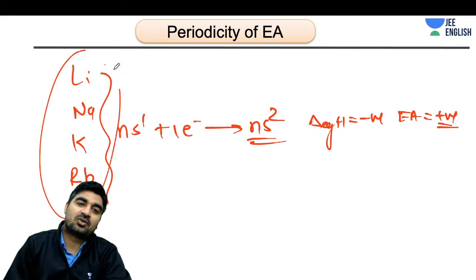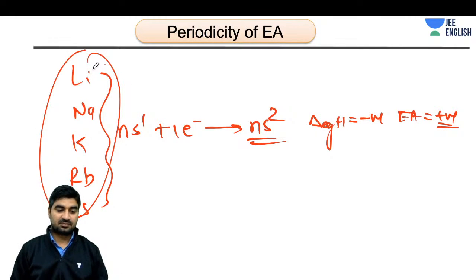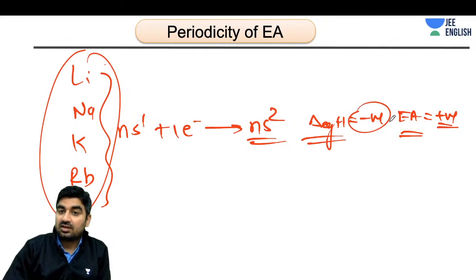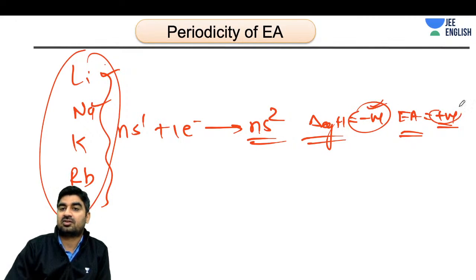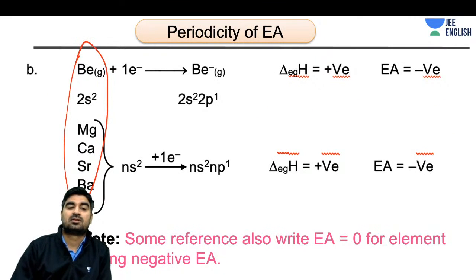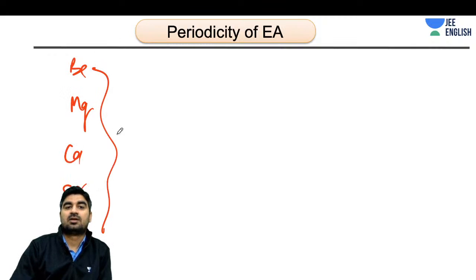Got it? And in this case, electron gain enthalpy will be negative and electron affinity will be positive. So we call them metals, and generally metals have a tendency to lose electron, right? But if you observe, even metals, when they gain electron, energy is released and their electron affinity is positive. If I talk about this, here we have a problem. Why? In this case, the general configuration is ns2.